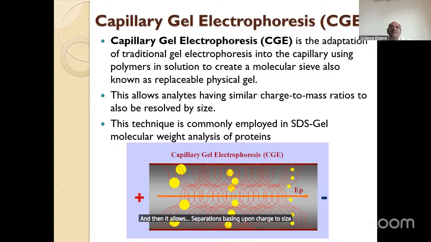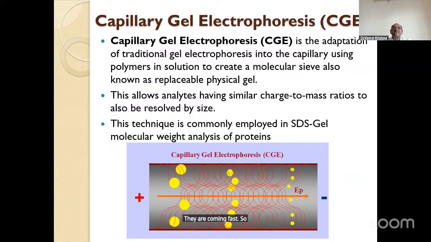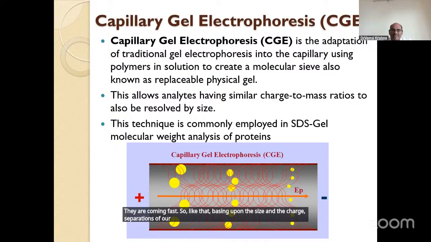The molecules which are of smaller size encounter the least resistance and come fast. So they are eluted fast. Like that, based upon the size and charge, your molecules are going to be separated.